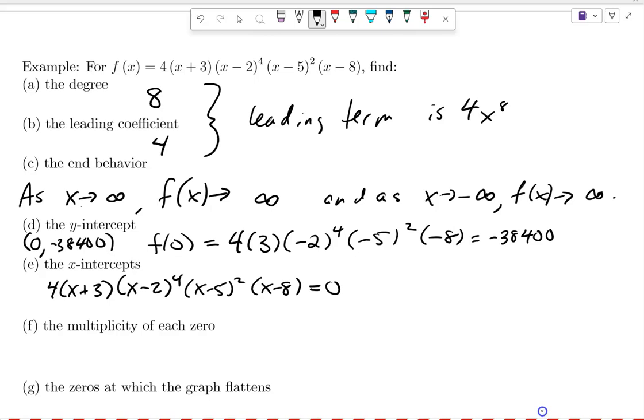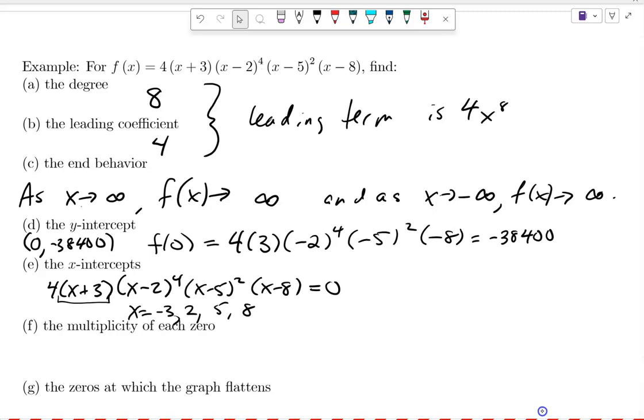So looking at each piece then, what makes the first one equal to 0? Negative 3, good. And the next one? 2, yep. And the next one? 5, and the next one? 8, right? All right, so remember what we called those for a polynomial?